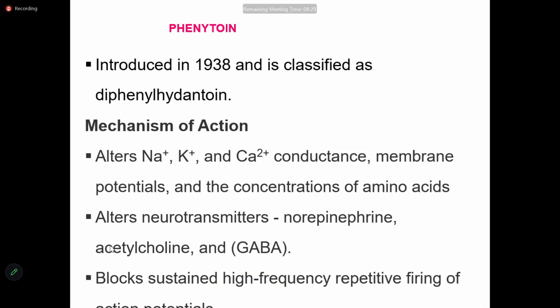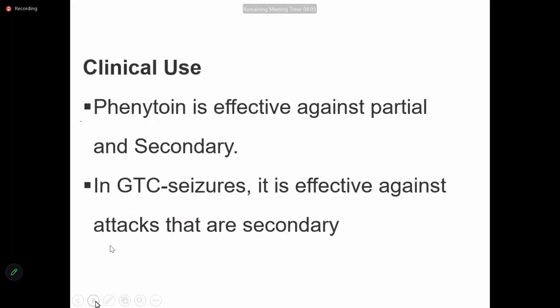Consequently, phenytoin blocks the sustained high-frequency repetitive firing of action potentials, which is associated with seizure activity.